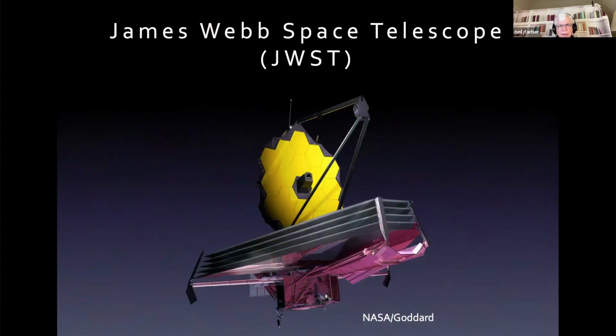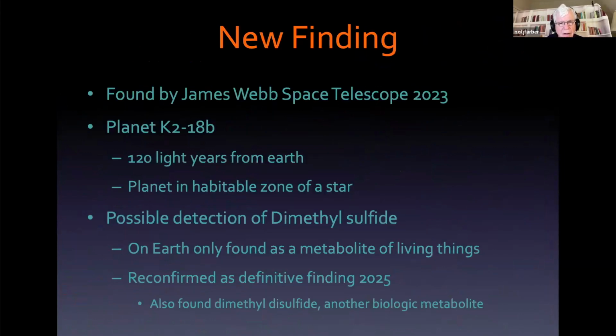However, the James Webb Space Telescope has come up with something interesting. This is about a couple of years ago. It was pretty early in James Webb's history. It was in 2023.